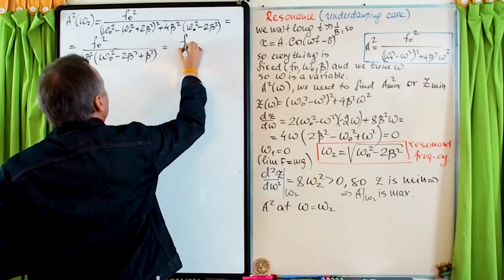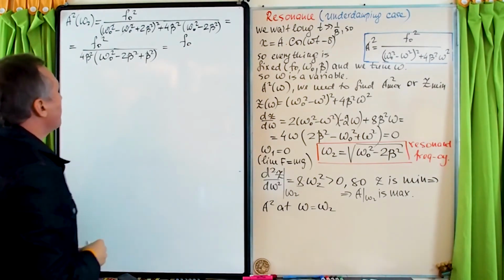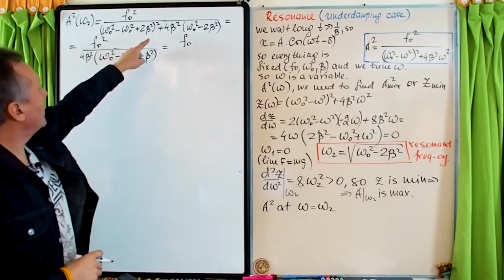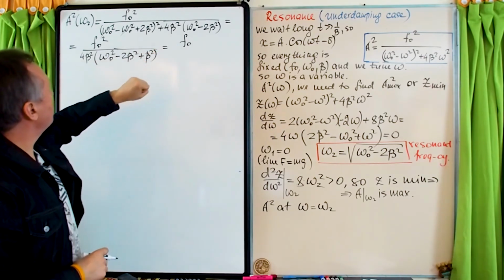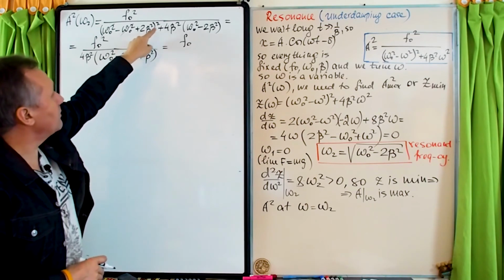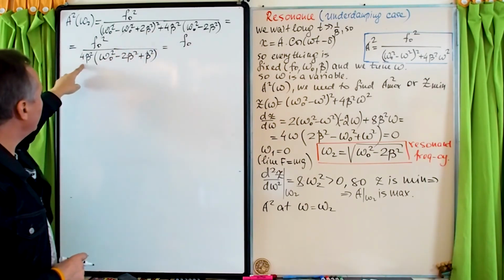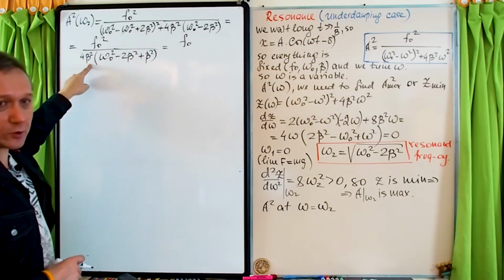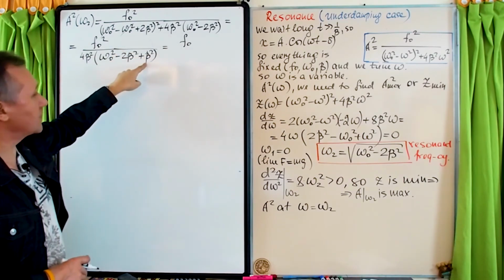Isn't beta raised to the 4th outside of the parentheses there? Since you're squaring beta squared? Yes, this will be 4 times beta to the power of 2, but I'm taking 4 beta squared outside, so beta squared will be left, and this is beta squared.